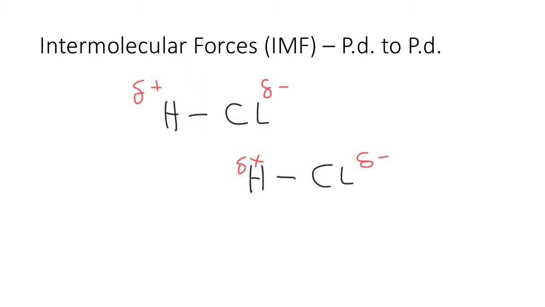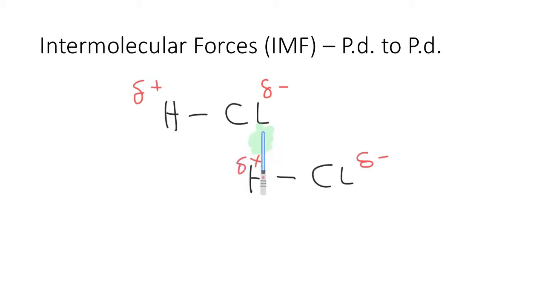What happens then is when we have the molecules close together, there's an interaction between the opposite ends of the molecules. The negative part is attracted to the slightly positive part of the other molecule. And this is a strong force of attraction, stronger than London dispersion forces anyway.